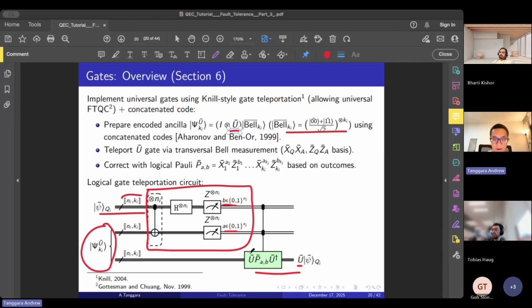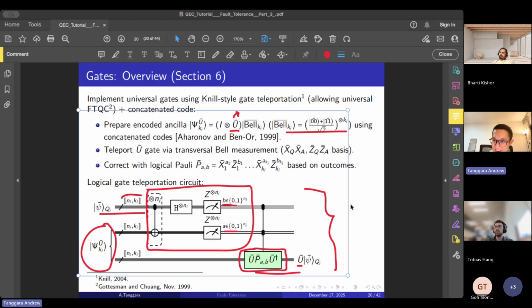If this U bar is a logical Clifford, then this correction is just going to be a Pauli. But if it's a non-Clifford, something from the third level of the Clifford hierarchy, such as the T gate, then the correction I need to do is to apply a logical Clifford again, and then I need to do this entire circuit again to implement this Clifford correction.